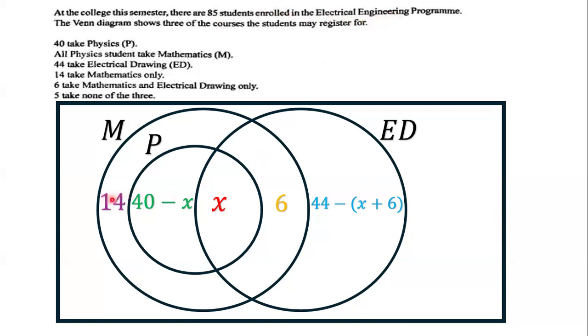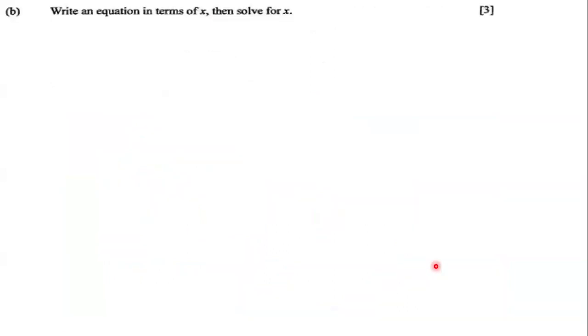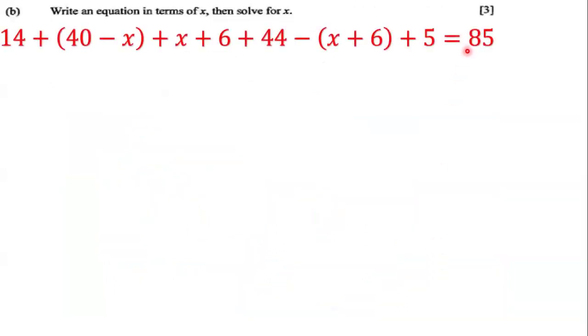And so we add 14, 40 minus X, 6, 44 minus X plus 6, and 5, and we set all of that equal to 85.